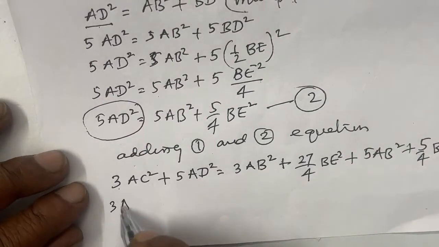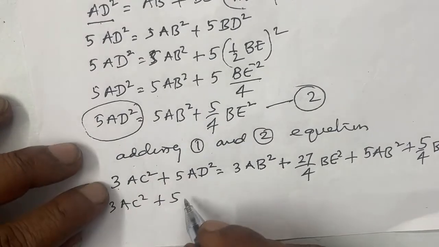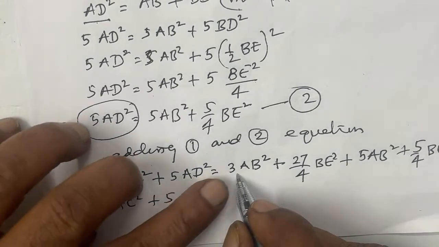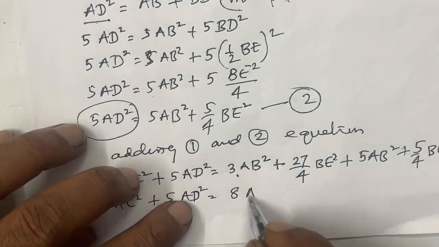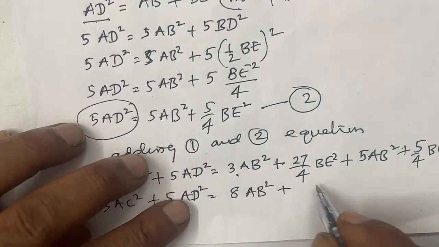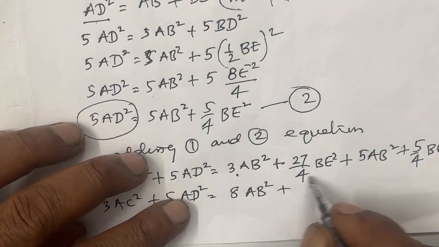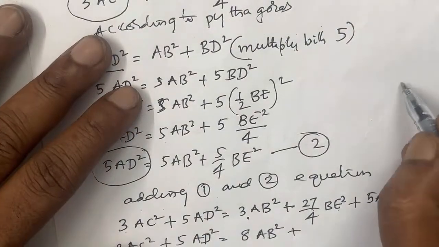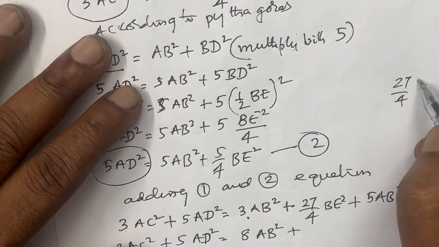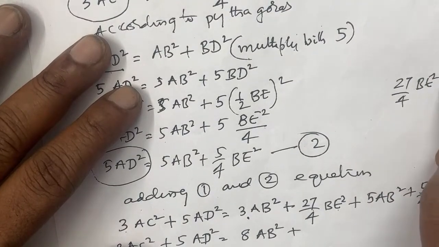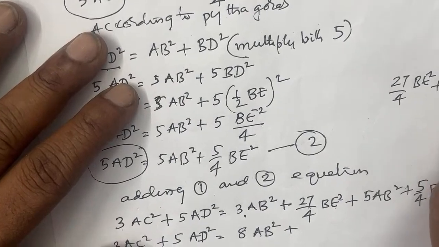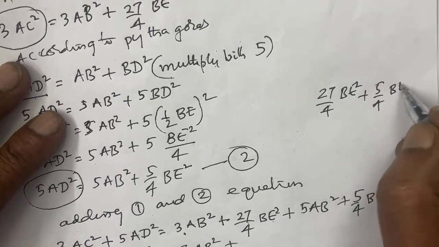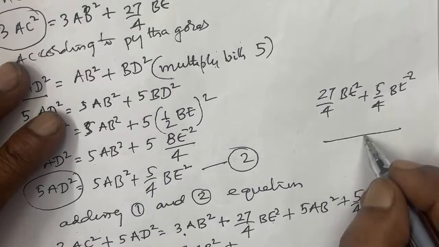Now I am bringing all BE terms to one side, all AB terms to one side. So 3AB square and 5AB square I am getting as 8AB square. And here 27 by 4 BE square and 5 by 4 BE square, if I am adding, the LCM will be 4.